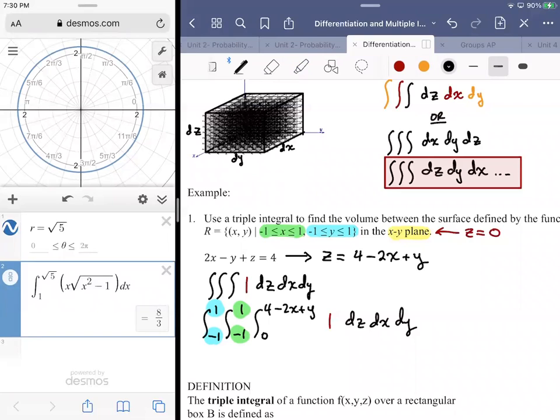All right, so now what I would do is I'd integrate this 1 with respect to z, which is actually super easy, barely an inconvenience. Antiderivative of 1 with respect to the variable is the variable itself. So z over the interval of 0 to 4 minus 2x plus y, which amounts to just a 4 minus 2x plus y.